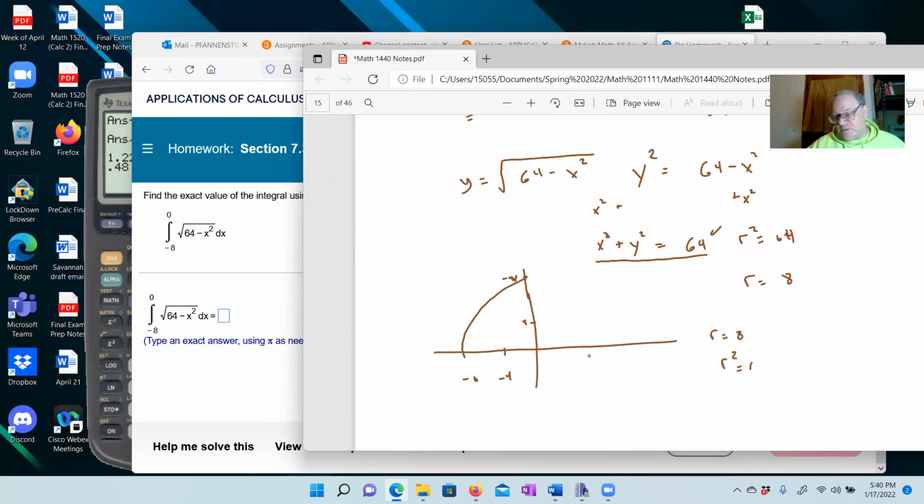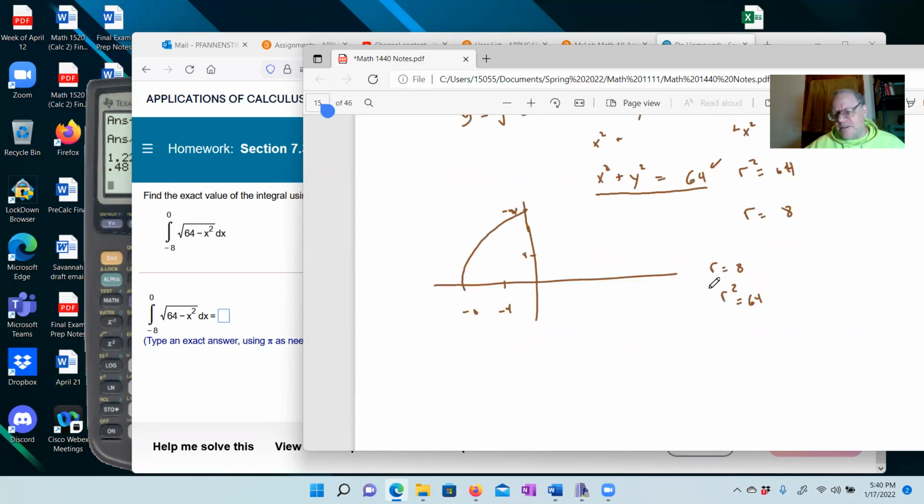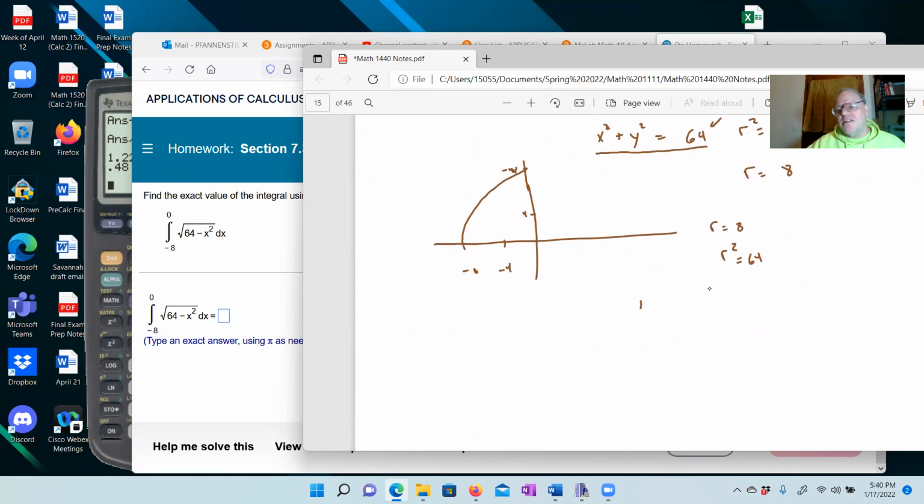R squared is equal to 64. What's the area of a circle? It's pi r squared, and I want 1/4 of this circle. So we have 1/4 pi times 64, which is a quarter of 64. I think that's 32. No, it's 16 pi. So our answer here would be 16 pi.